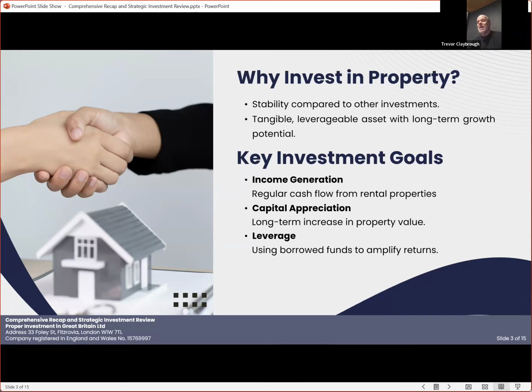That means if we're buying a property at £100,000 and we have £100,000 available, we can buy it with cash. If we don't have that money, we can borrow from the bank. Typically, we can borrow 75% of the purchase cost. So we only need £25,000 of our own money to get into a deal that's worth £100,000, obviously a bit more because there are costs with it. That's a really good thing with property investment.